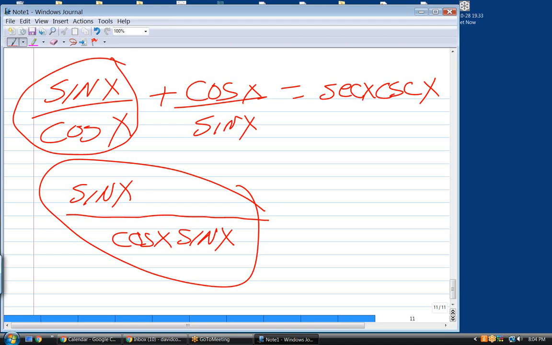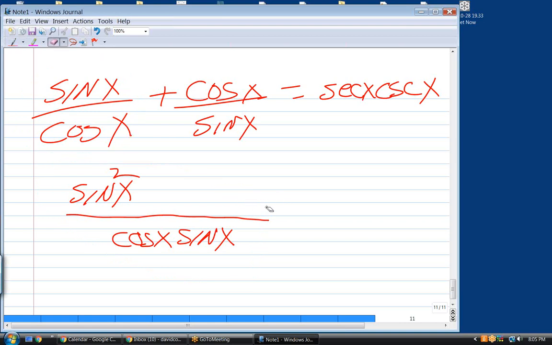I need to add a sine squared right there, since it multiplies. Whatever you do to the bottom, you do to the top. In other words, you're never changing these fractions. You may make them look a little different, but they can't be changed. Whenever you're finding a common denominator, you've got to make sure that the two fractions you come up with are the same as what you started with.